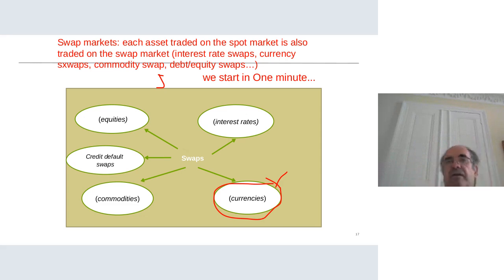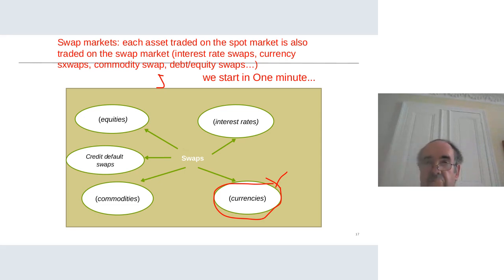But in the swap, you pay yen interest, 0.5% in yen, and you receive, for instance, 4% in dollars. So flows in dollars offset, because on your debt you pay interest in dollars, on the swap you receive interest in dollars, but it remains that you pay only interest rate in yen. What happens? You just have changed your debt from dollar to yen.